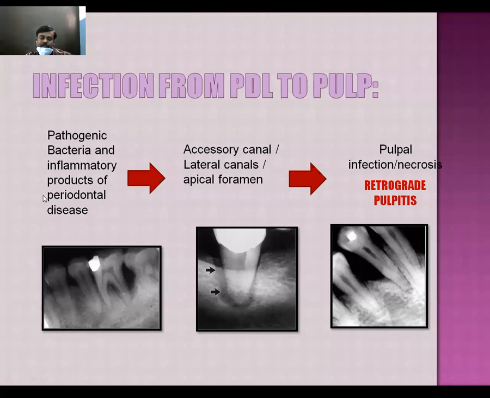So this infection is going from the surrounding periodontal tissues to the pulp. There won't be any caries in such cases. This is called retrograde pulpitis: the infection from periodontal tissues to pulp through accessory canals, lateral root canals, and apical foramen.